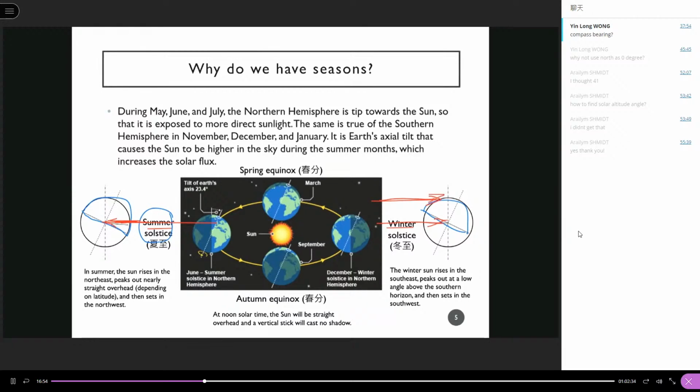How about March and September? When the Earth revolves to March, the pole-to-pole axis is neither tilting towards nor away from the sun. If you draw a line from the sun to the Earth, this line is actually perpendicular to the axis.